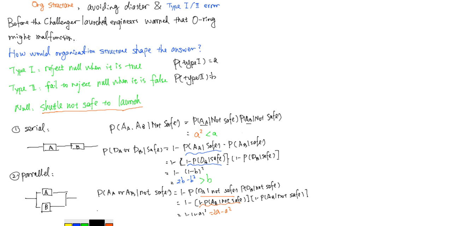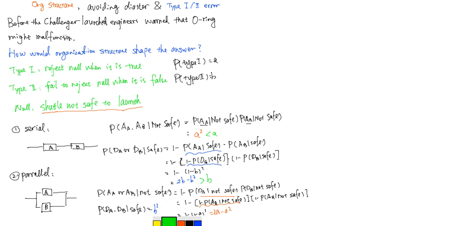So now we can do the similar thing for the type 2 error, and now notice that both agents need to disapprove the launch when it's actually safe. And we can easily calculate that number to be b squared.